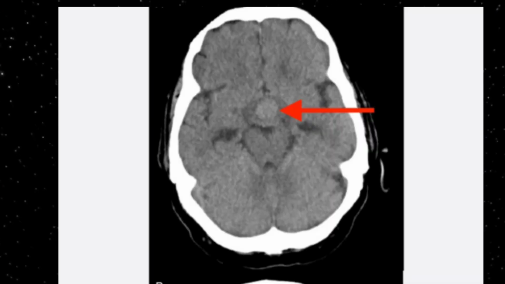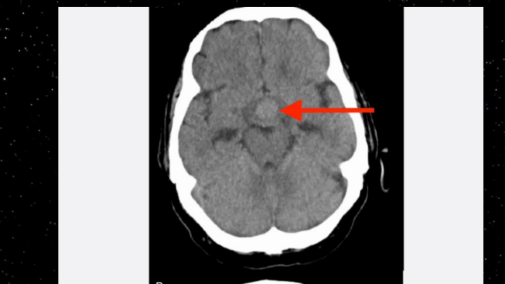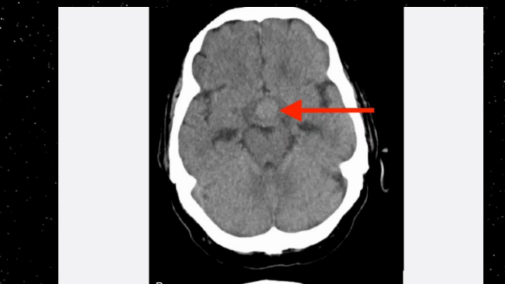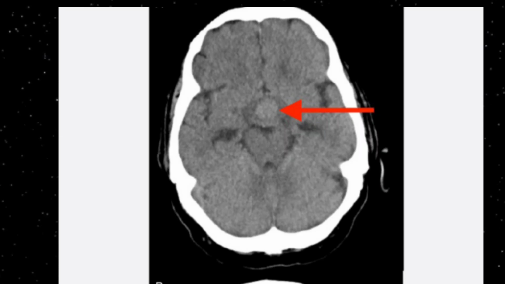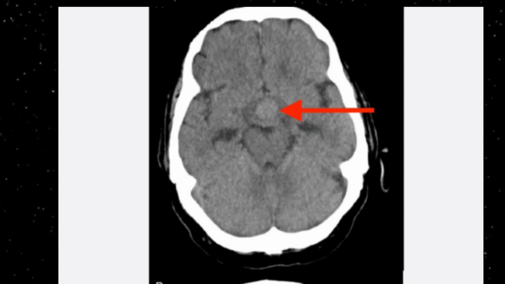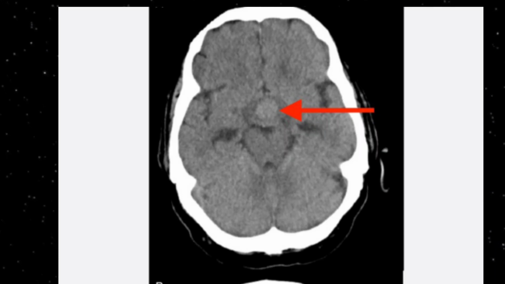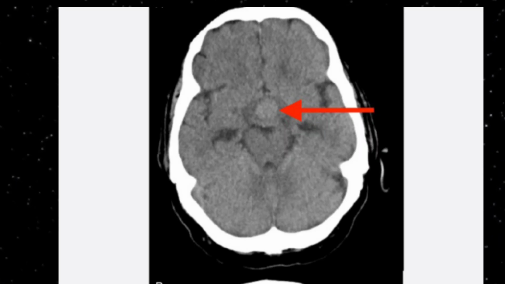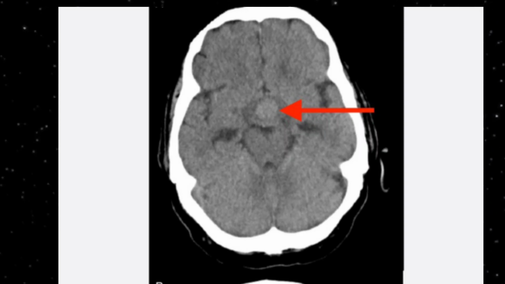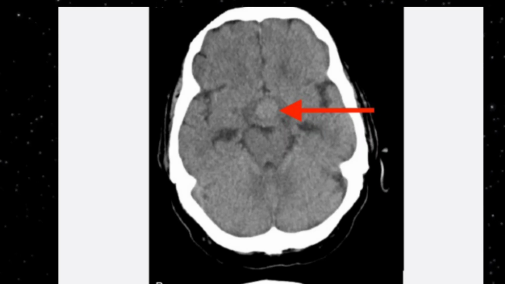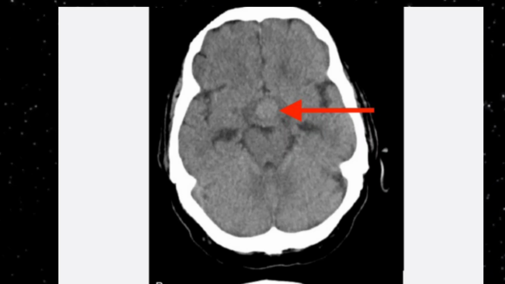Another example for better understanding, this is a CT image. Although CT is not a reliable method for the confirmation of pituitary tumor, you have to have the MR scanning with fat saturation, and post contrast images will help you to diagnose the pituitary adenoma. But in that case, at a primary level, you can still appreciate it on the CT images. So this was the example of the pituitary adenoma.